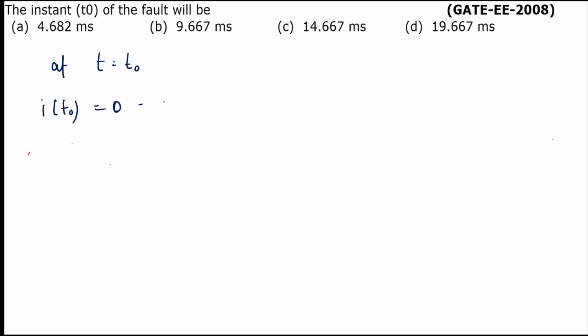That is equal to how much? Some constant into e power t naught minus t naught, plus Vm by mod z into cos of omega t naught minus phi, that is equal to 0. So e power 0 will become how much?